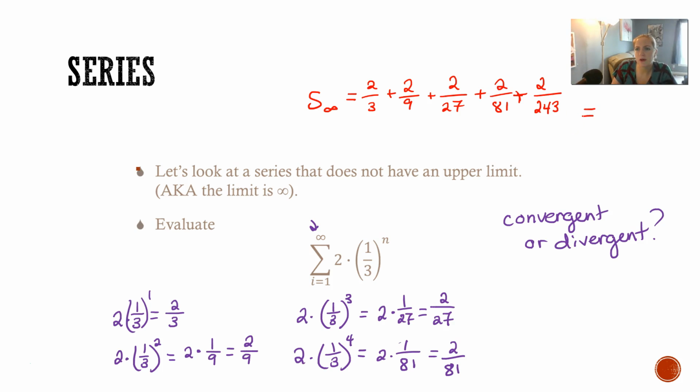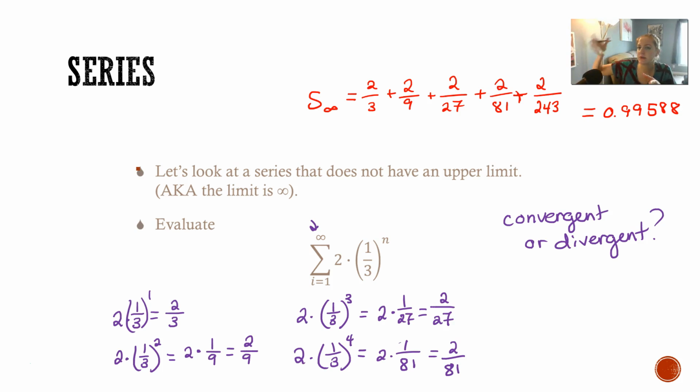We could throw in another one, but for the sake of time, I'm going to go ahead and add these together. So it looks like it's 0.99588, and so on.